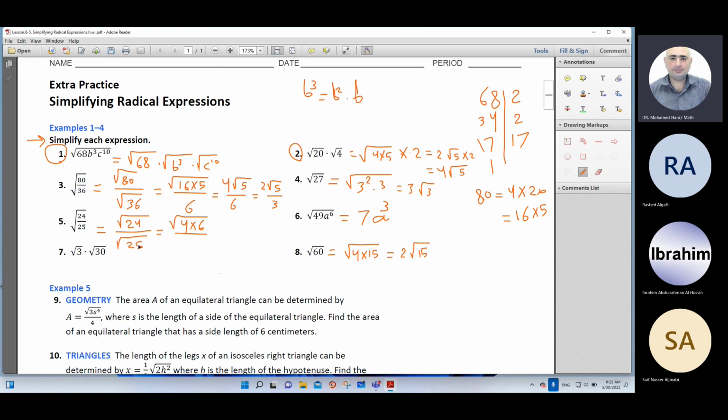And the square root of 25 will be 5. Square root of 4 will be 2. And keep 6 under the root, over 5. Okay?